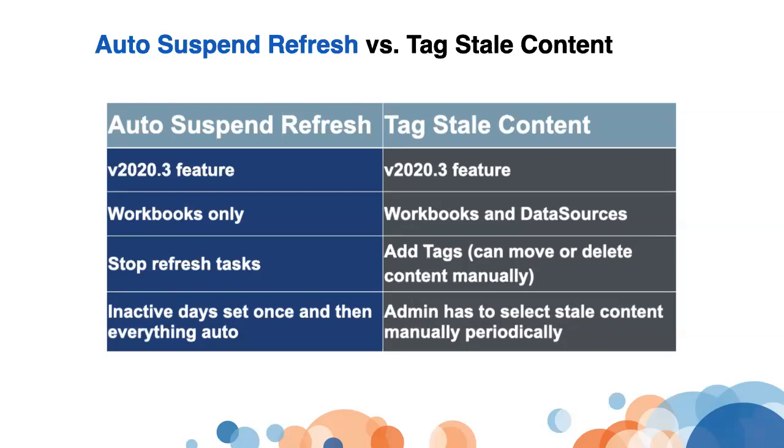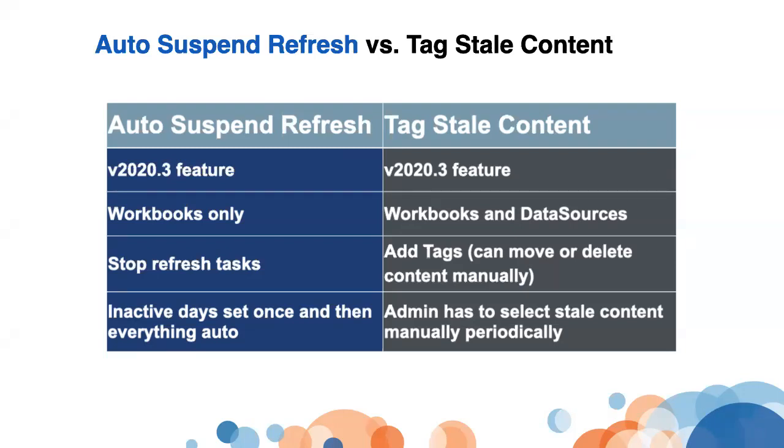The beauty of that is it is set as 30 days, and it automatically stops any refresh tasks with the workbook if the workbook is not used for 30 days, and notifications are sent out. So that's like set up once, you're all done.